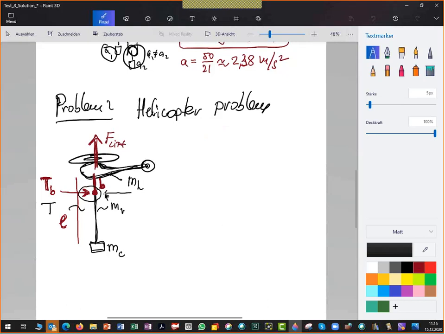So instead of using mass of the helicopter, mass of the rope, and mass of the cargo, you should introduce new masses, new divisions in your system. You need to divide your system in precisely two parts. You need to put your boundary here.